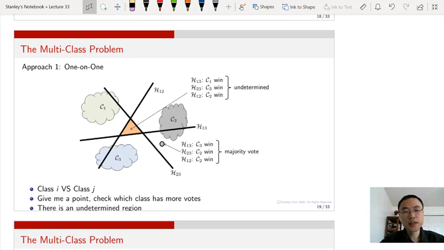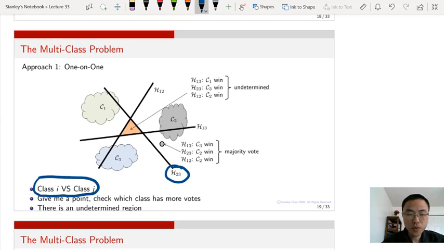The first approach in multi-class classification is called one-on-one classification. What does it mean? You're looking at class I versus class J. Let's say in this case, I have a classification boundary of H23, and I have a data point here that I want to compare, to decide whether it should belong to class 1, class 2, or class 3.